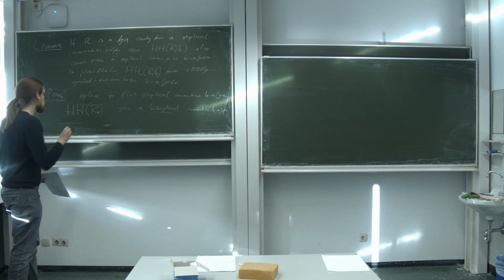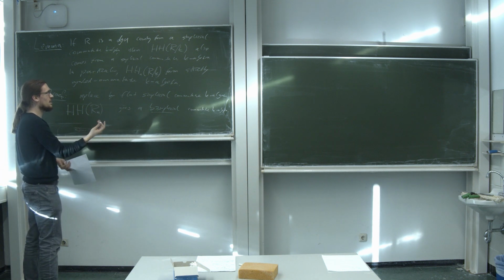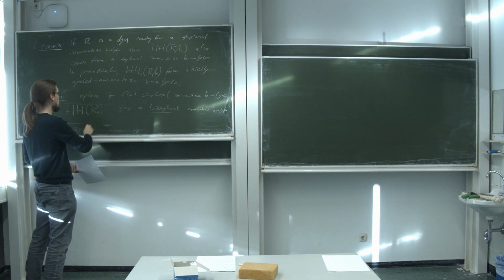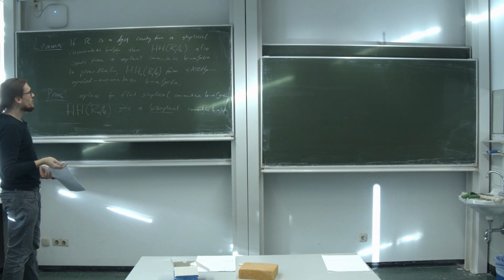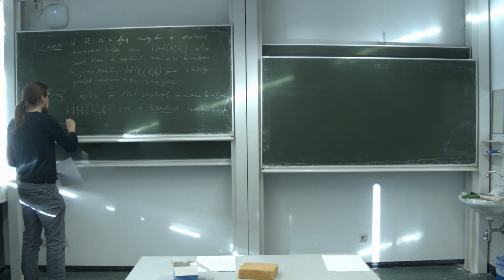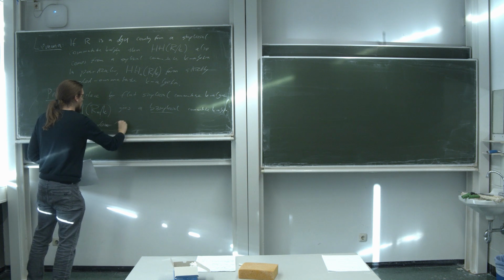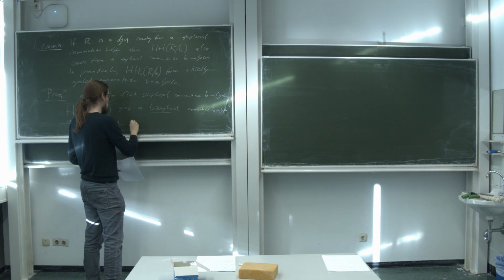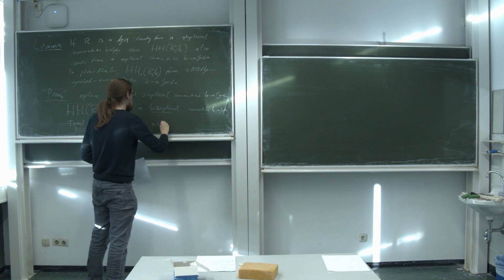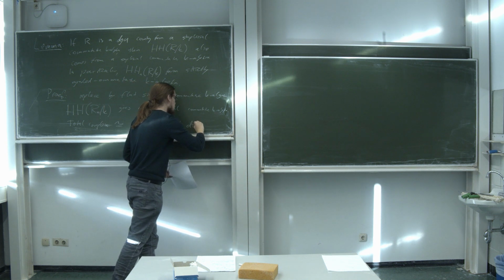And now the total complex of this thing, which by definition computes Hochschild homology, this is also relative to K, is just quasi-isomorphic to the complex associated to the diagonal.